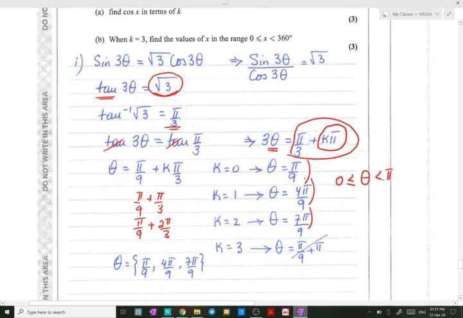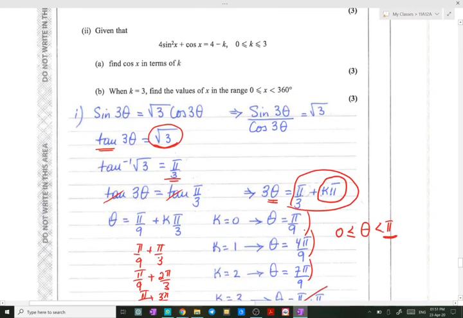When k is 3, you're going to have pi over 9 plus 3 pi over 3, which means that theta is equal to pi over 9 plus pi. Our limit is less than pi, so the angle that we reached is pi and more. This is why we don't accept it. So the values for theta are pi over 9, 4 pi over 9, and 7 pi over 9. This is for part I.